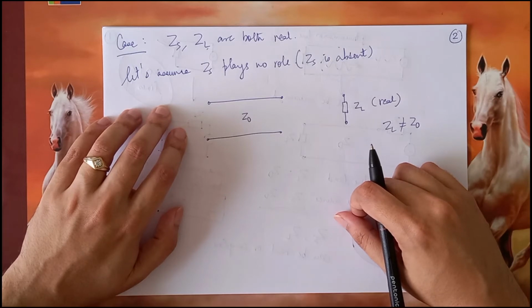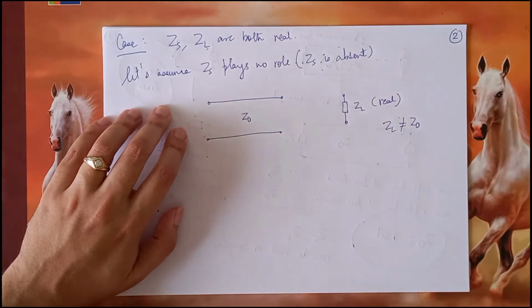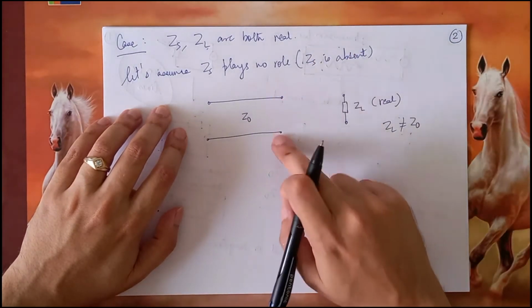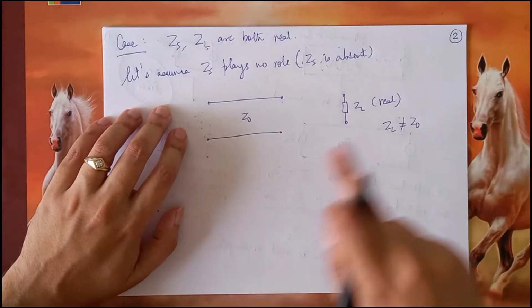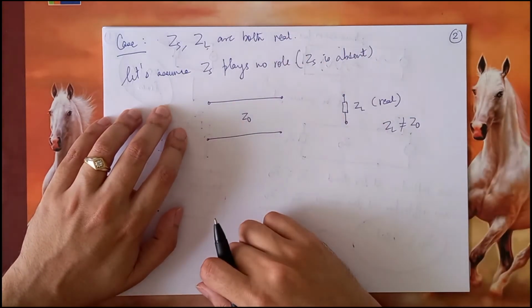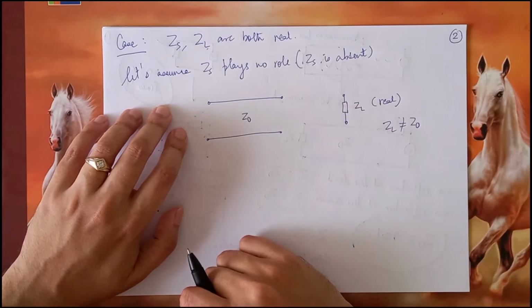So the point now is that if I were to take this load and connect it across these 2 points, then because ZL and Z0 are not equal, definitely some reflection will happen, right? But we don't want that reflection. So what can we do?